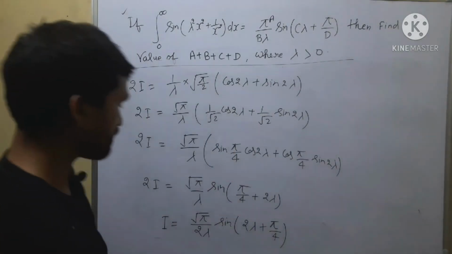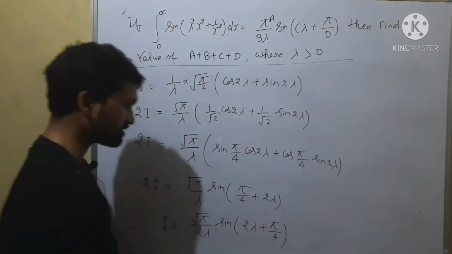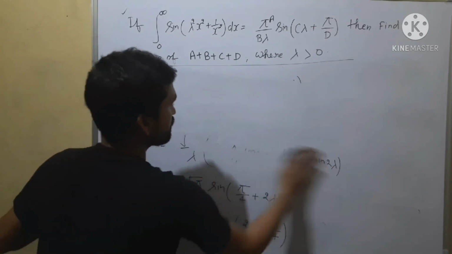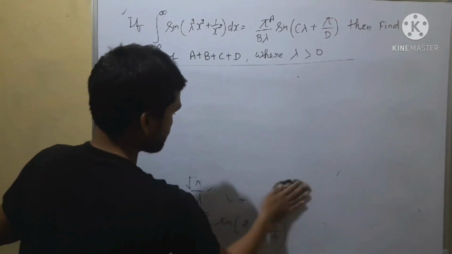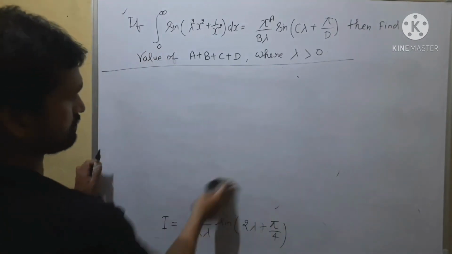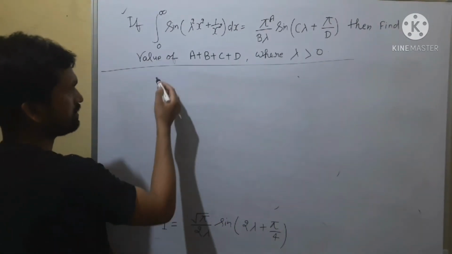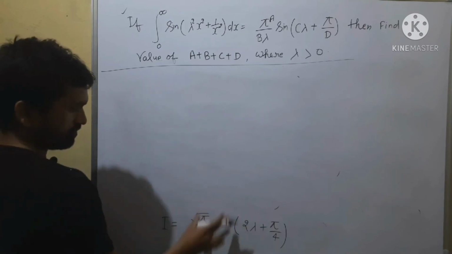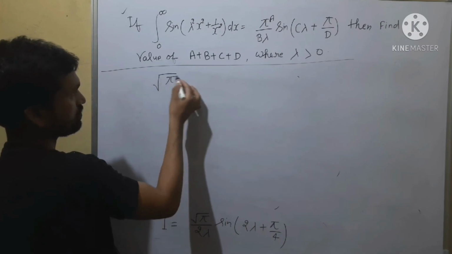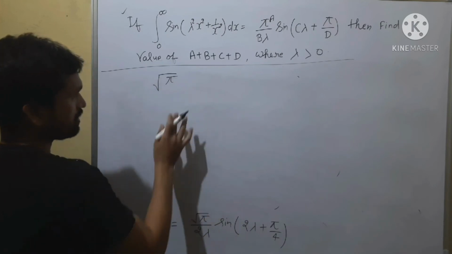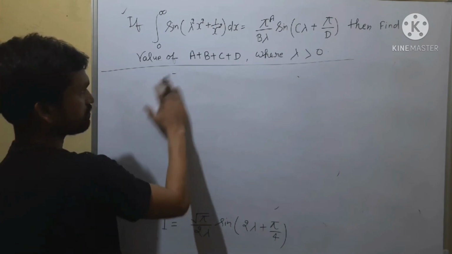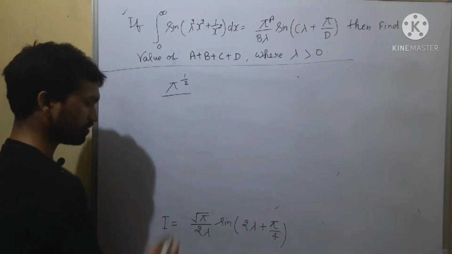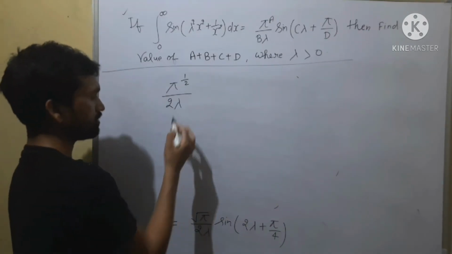Now we should compare LHS and RHS. So we should write this result here and compare with LHS. So our LHS is I is equal to square root of pi by 2. Square root of pi can be written as pi to the power 1 by 2 divided by 2 lambda.